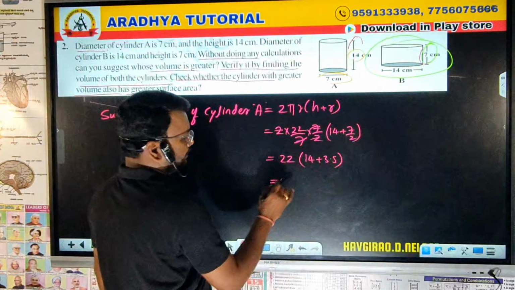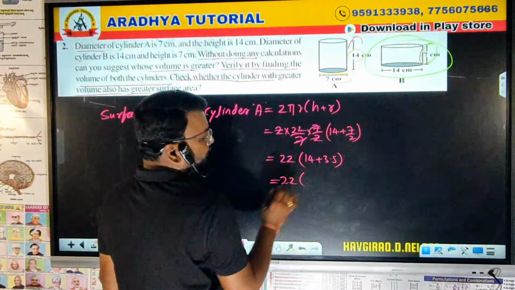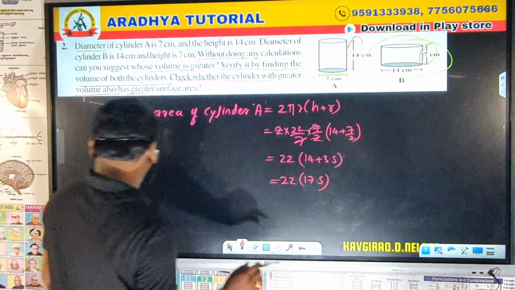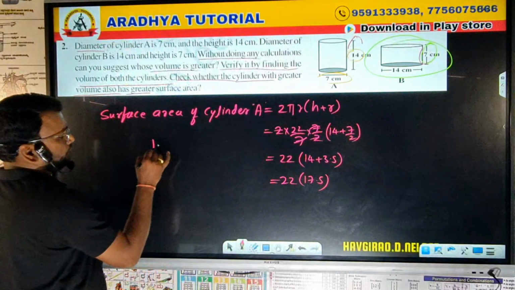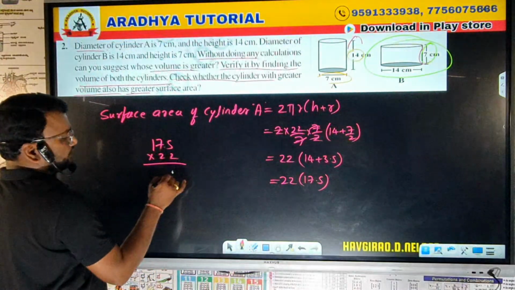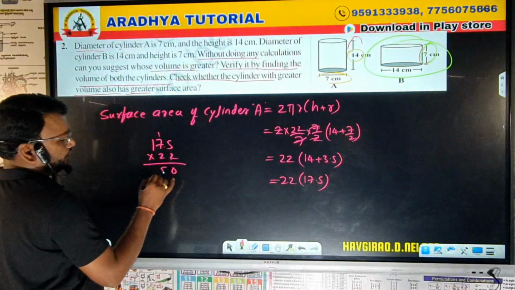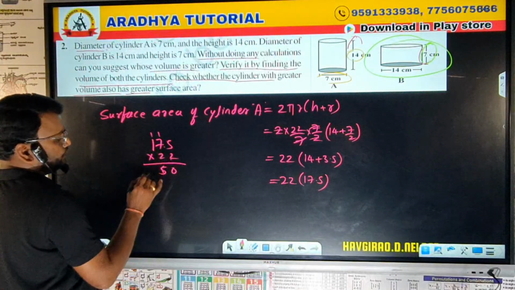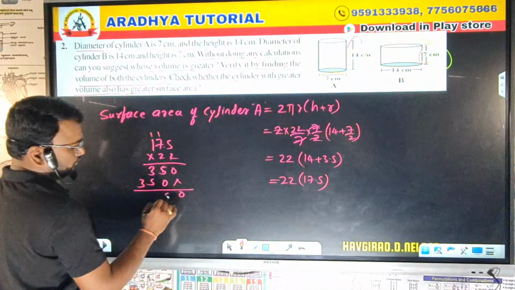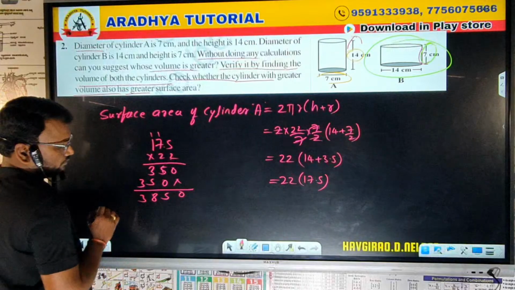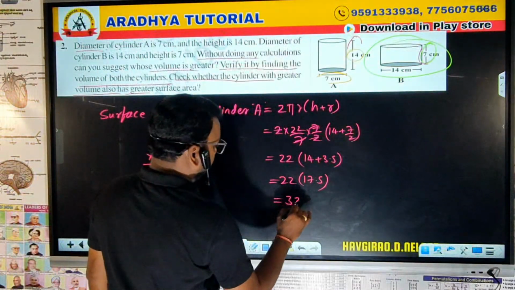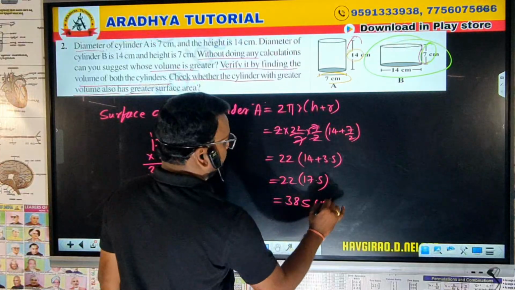If we add these two, 22 into 17.5. Multiply 17.5 into 22. 2 5s are 10, carry 1, 2 7s are 14, 15, carry 1, 2 1s are 2, 3. After one decimal place, that is 385 centimeter square.